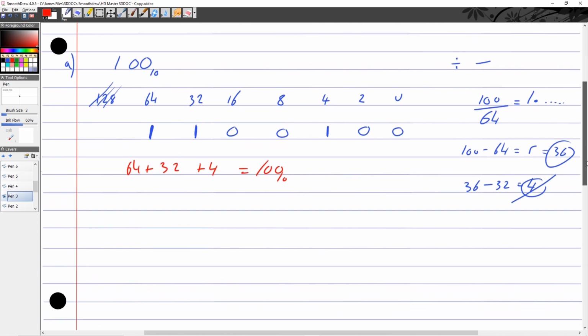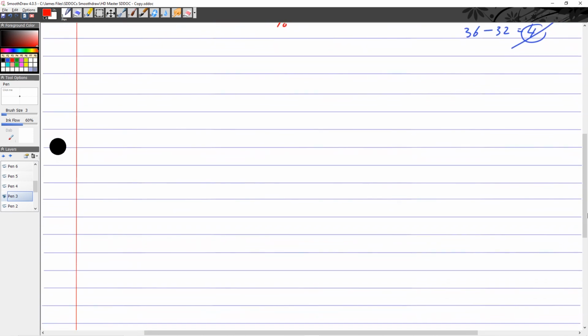So we'll do the next example a little more quickly, a little more straightforward. I just had to show the processes that we were doing. So 300 in base 10 is equal to what in base 2? Well, again, units, 2s, 4s, 8s, 16s, 32s, 64s, 128s, 256s and 512s column.